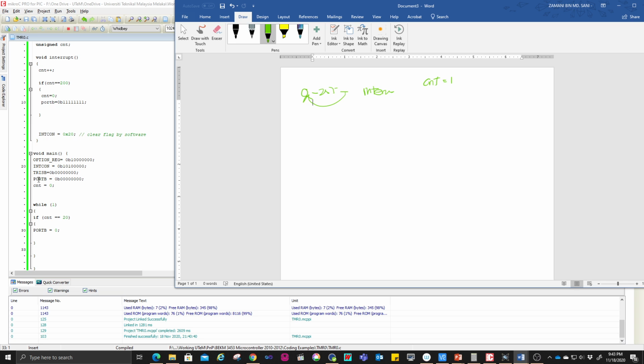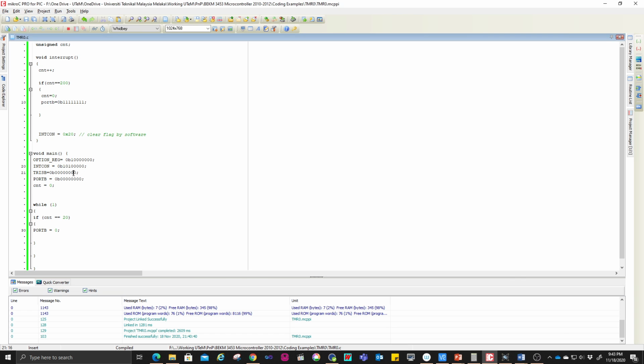So you go back here again, check if count is equivalent to 20. No, it does not, right? So it means that your port B is still at this value.